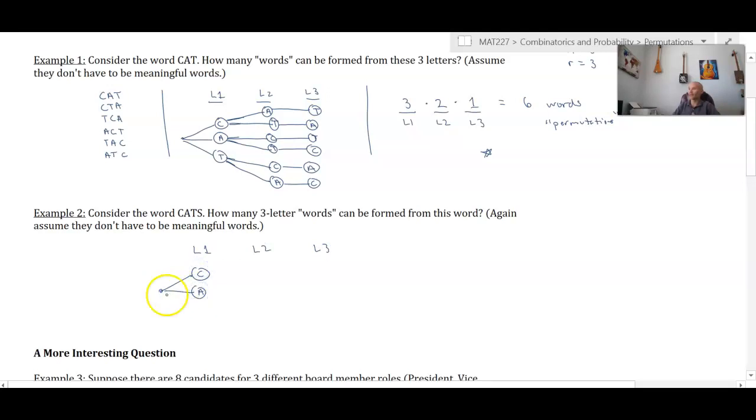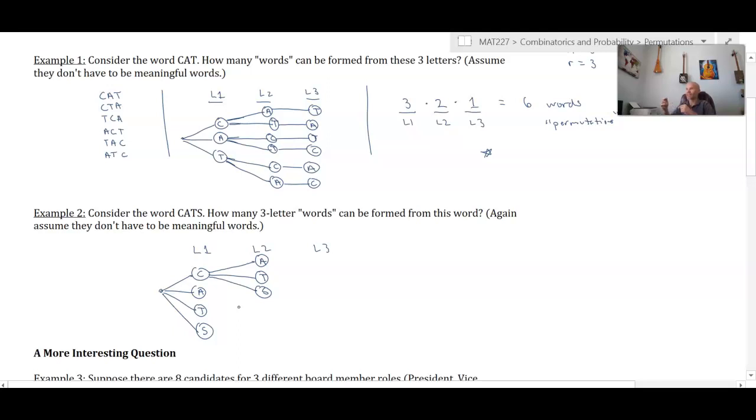C, A, T, or S. But if C was selected as the first letter, now there are only 3 possibilities, namely A, T, and S. And by the way, the number of branches extending out of A, T, and S will also be 3, except that the 3 branches on the letter 2 column will be C, T, and S as possibilities since A has already been selected.